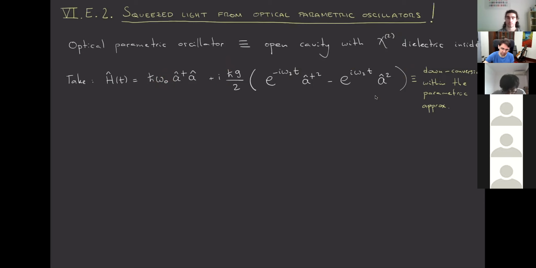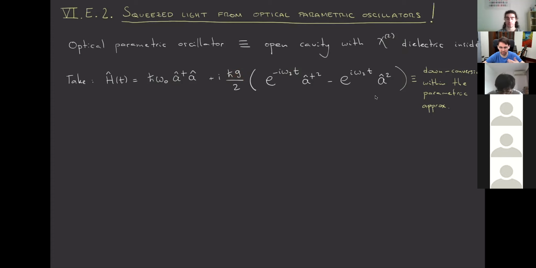And of course, this frequency omega 2 is approximately equal to 2 times the frequency omega 0. This is for energy conservation, okay? And omega 2 is the frequency of the pump. And this Hamiltonian is just the Hamiltonian of down conversion when you make the approximation that the pump field is just a strong coherent laser that is fixed. It doesn't have dynamics, you are not changing, and it gives you just some effective coupling G, or we call it dressed down conversion rate.